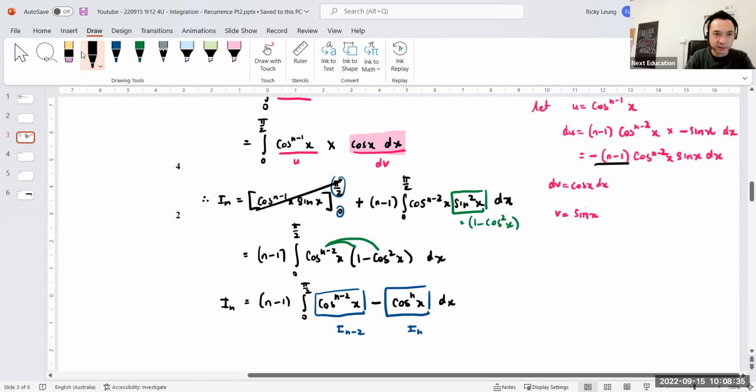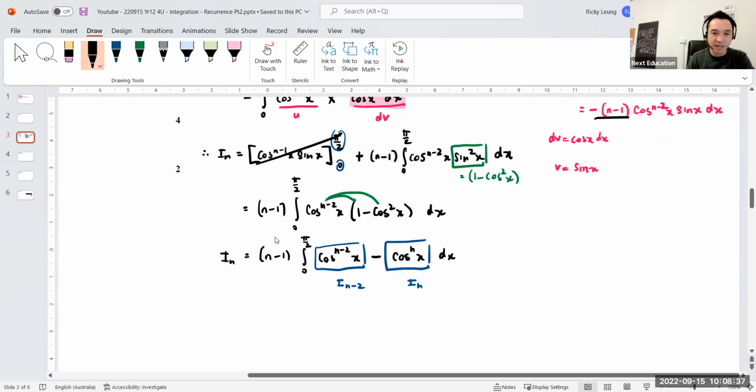What I'm going to do then is sub in those I's and then make I n the subject to get my recurrence statement. So that guy there, that's I n minus 2 minus I n. So if I expand this, I get I n. Let's be big brain: expand and then move the I n over. So it becomes I n here. Factorize.